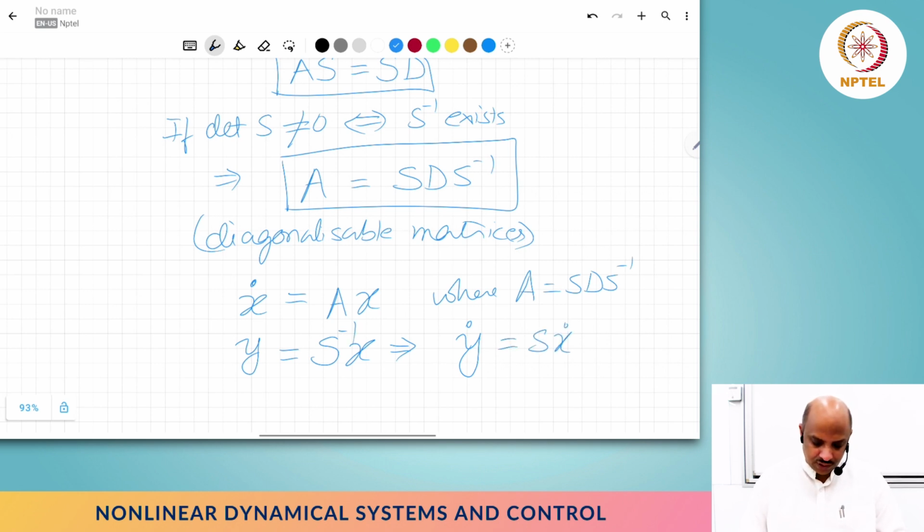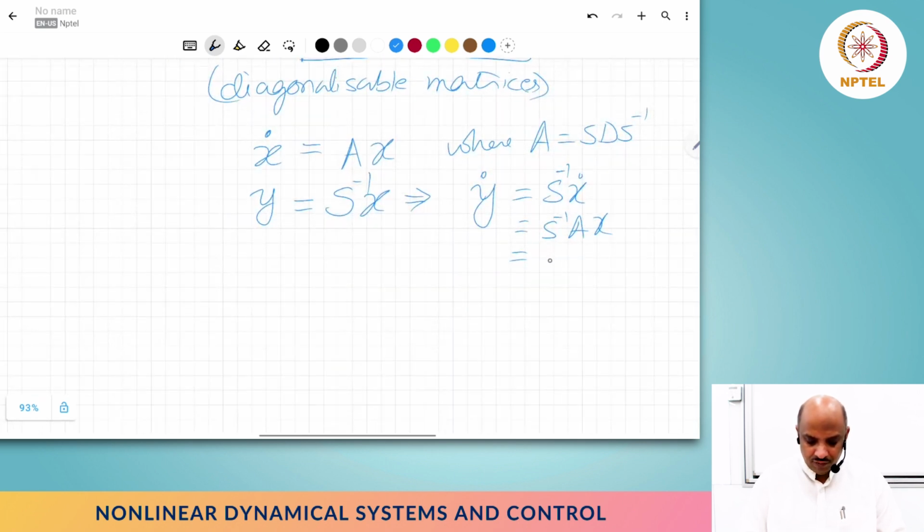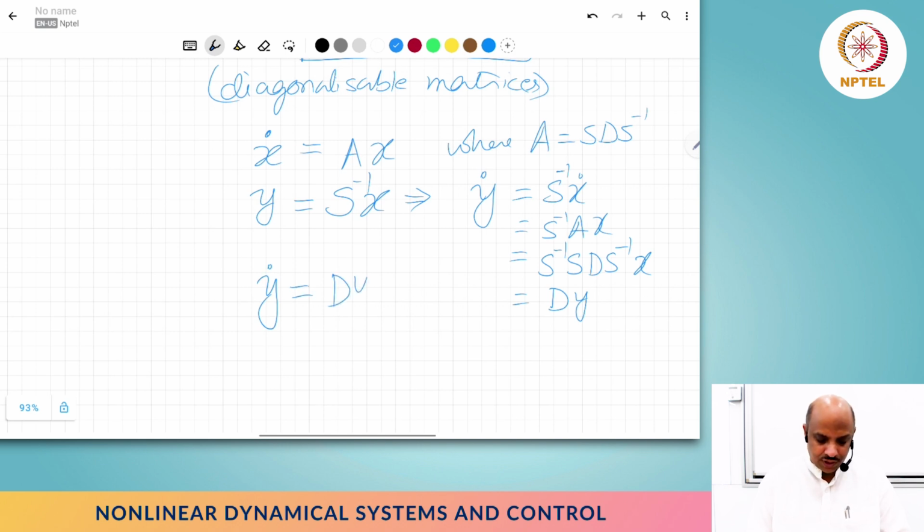Let's define y equals S inverse x, and then y dot is going to be S inverse x dot, which is S inverse Ax, which of course is equal to S inverse S D S inverse x. The S inverse and S cancel with each other. We eventually get D times y. So we will get y dot equals D y as our system.